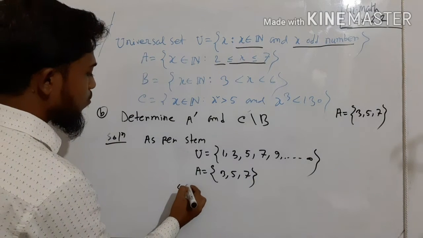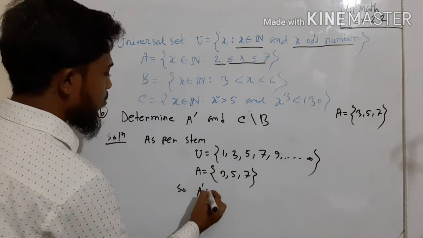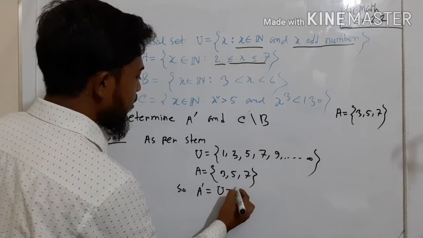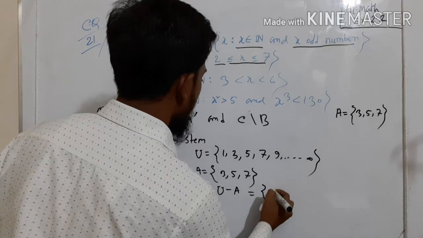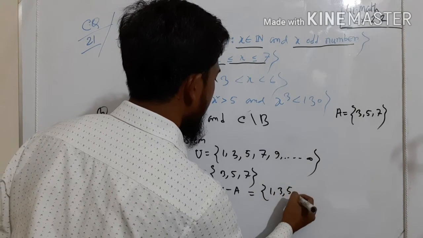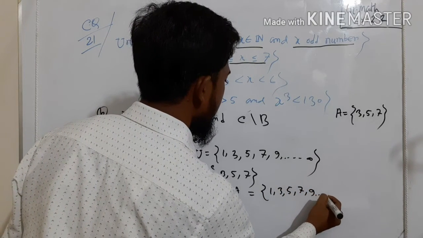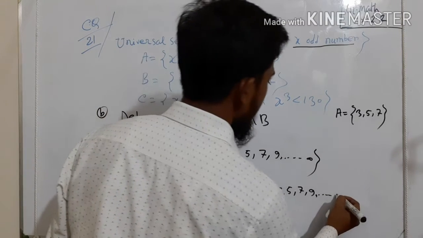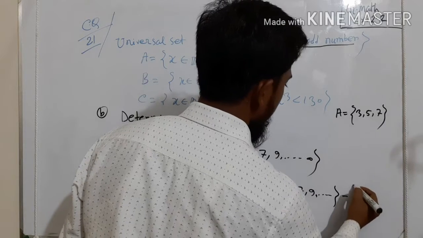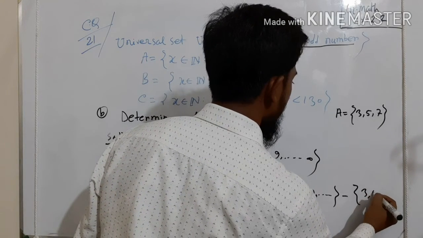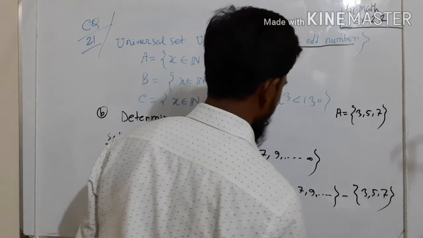So A complement equal to universal set minus A. So {1, 3, 5, 7, 9, ... infinity} minus A, that is {3, 5, 7}.